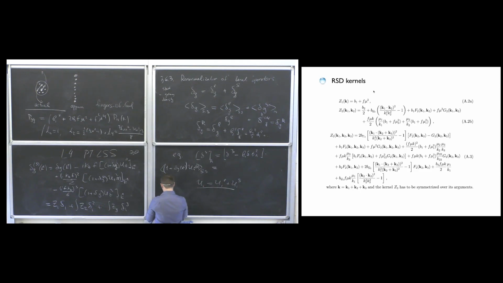What we're going to get is 1 plus delta galaxy long, u long. Okay, so this is the part that just involves the long wavelength fields. Then we'll have the renormalized short scale part of the density field and the long wavelength velocity. Then we'll get a part that will look like this.